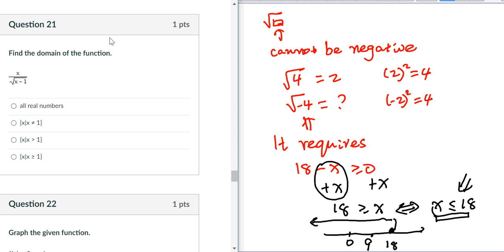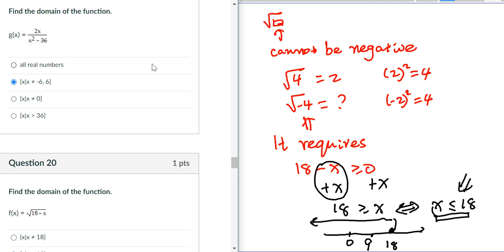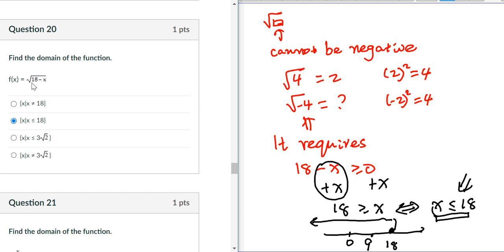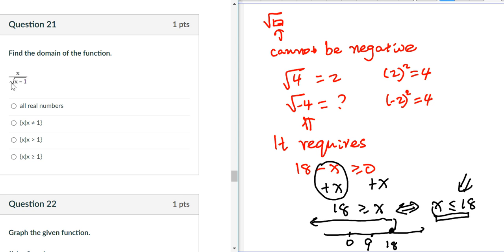How about this one, the domain? Here is the combination of the first two, because this one requires the denominator cannot be 0. This one requires inside the radical sign cannot be negative. This one is both, because it's on the denominator and it's also in the radical sign.